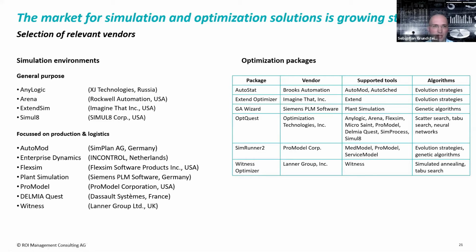So sometimes, depending on the solution, you need two softwares. For the mathematics experts, you see also the algorithms and the strategy that are used to do the optimization. Here, OptiQuest is most powerful because you have several options, from neural networks to research, and here, of course, more evolution strategies, rather, let's say, simple optimization.